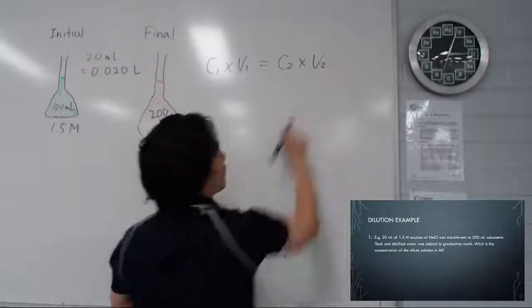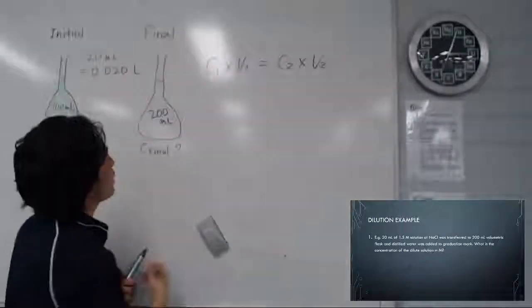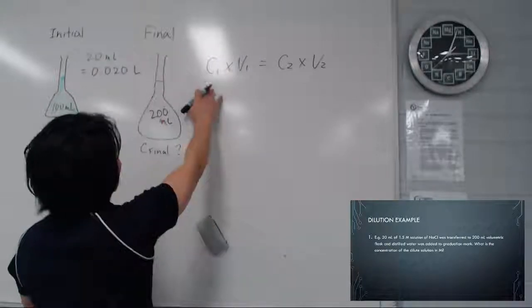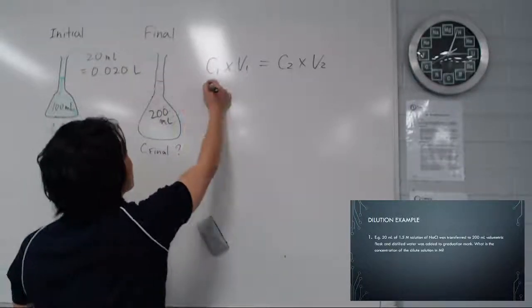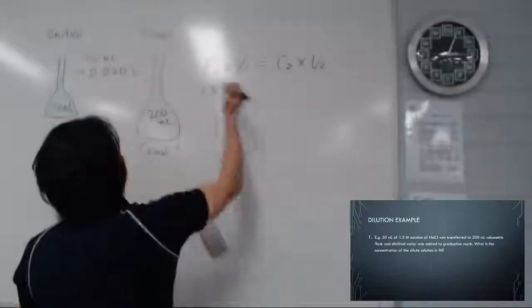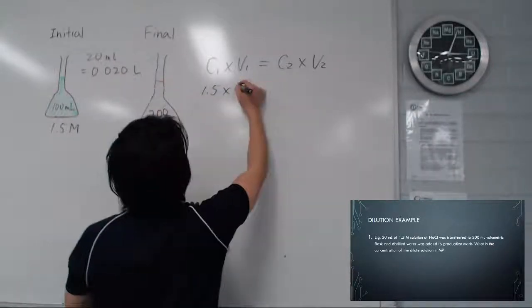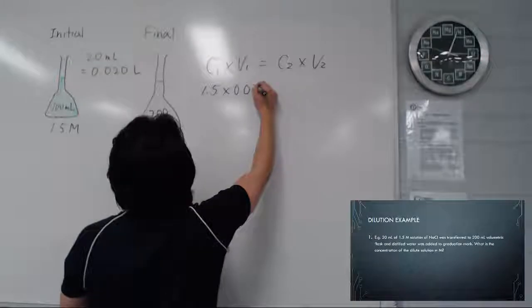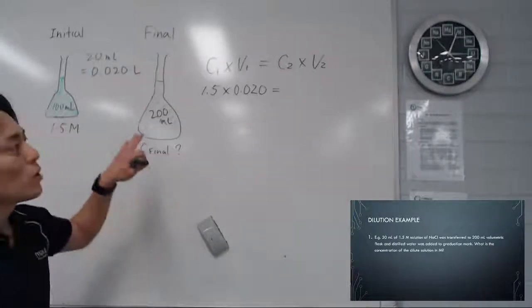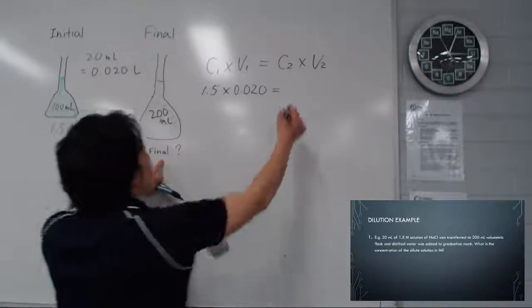Initial, final. Quite simple as that. Let's plug these numbers in. Concentration, initially it was 1.5 moles per liter, and you're multiplying that by 0.020. That equals C final, which is what you're trying to find.